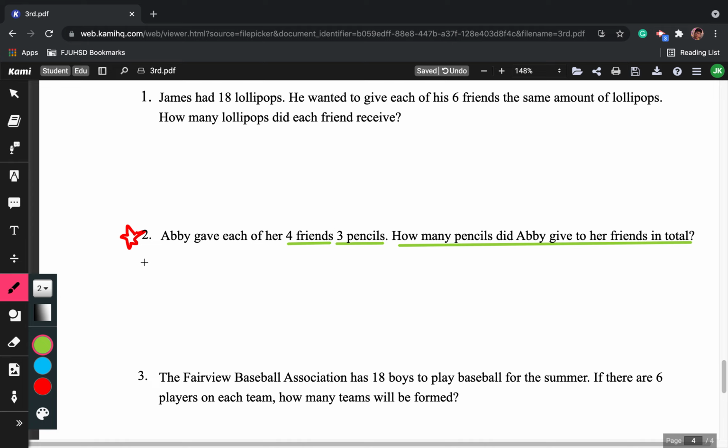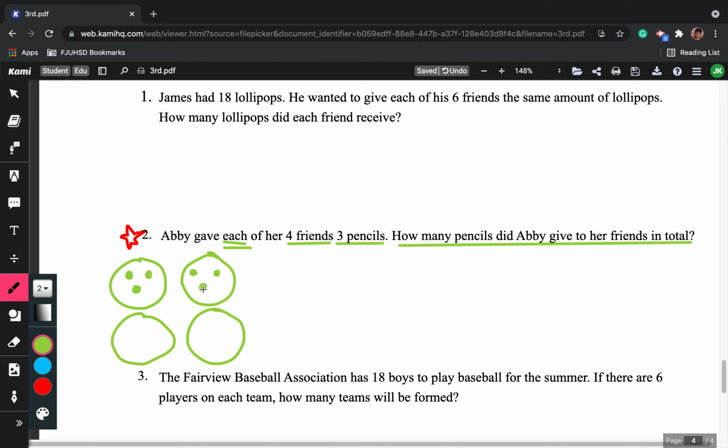So let's visualize this out. Let's draw it out. So there's 4 friends. Her friends are going to be circles. And she gave each of her 4 friends 3 pencils. So that means friend A got 3 pencils. I'll just use dots that symbolizes pencils.